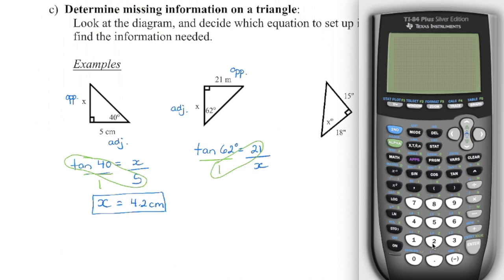So we're going to go 21, and we are dividing that by the tangent of 62. And again, because we're looking for a side length, we're going to round to the nearest tenth, and x comes out to be, once we round it, 11.2, and then just take a look at your units. In this case, it's going to be meters.